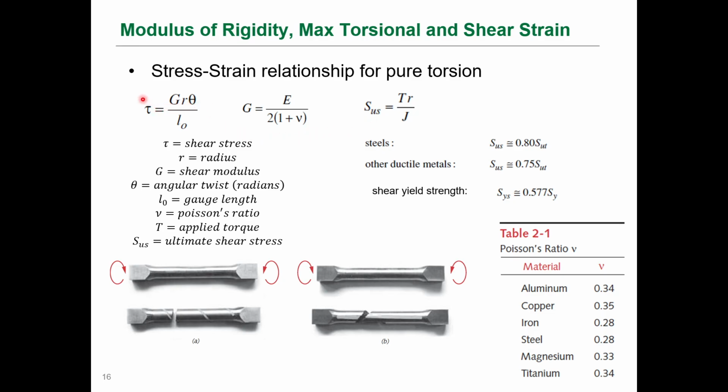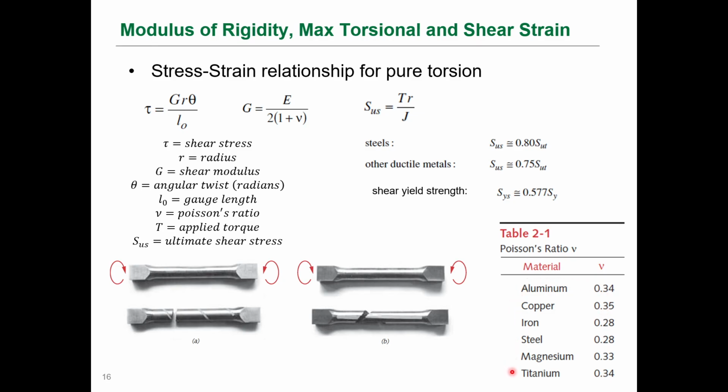The shear stress that develops in a material such as this, subject to an applied torque, can be related to G R theta over L, where G is our shear modulus, kind of like the Young's modulus. It's defined here in terms of the Young's modulus and the Poisson's ratio, which is the ratio of lateral to longitudinal strain. The Poisson's ratio for different materials is given here. For these metals, it's about 0.3.